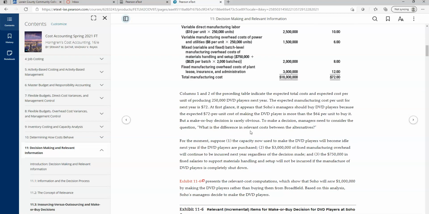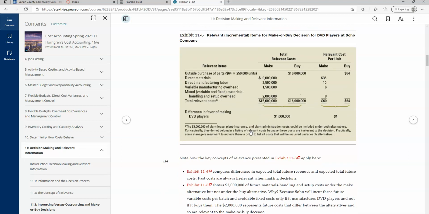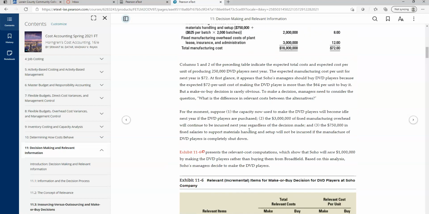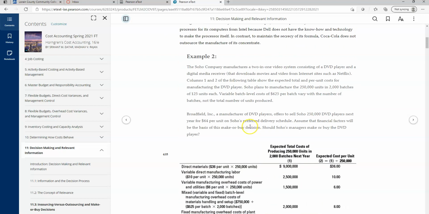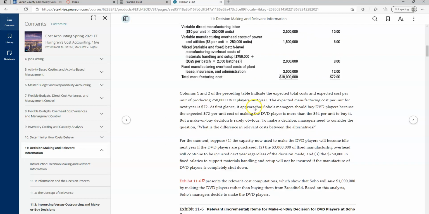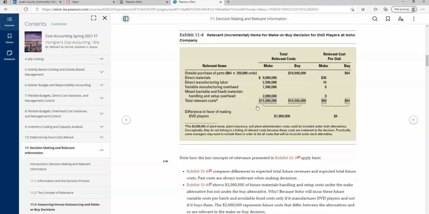The make or buy situation, and let's suppose that the company is the Soho company. The Soho company makes a DVD player, and they're looking at outsourcing the making of that DVD player.